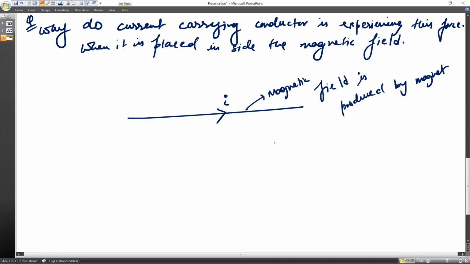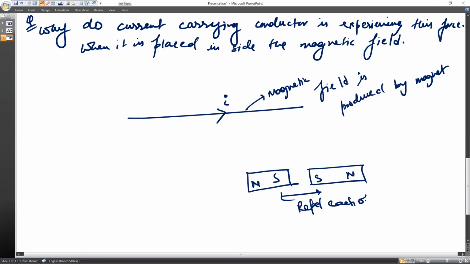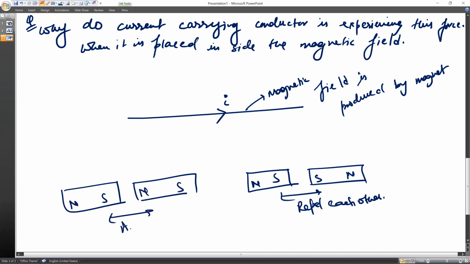And you know that one magnet exerts a force on another magnet. If this is the north pole and this is the south pole, and I have another with the south pole and north pole facing, they will repel each other. And if north pole faces south pole, they will attract each other.